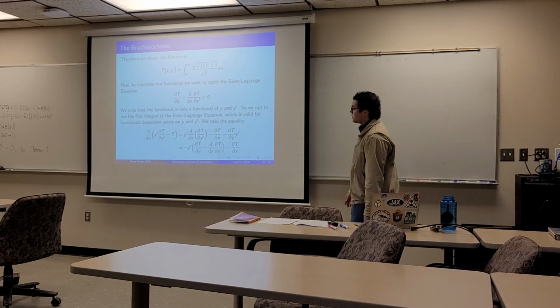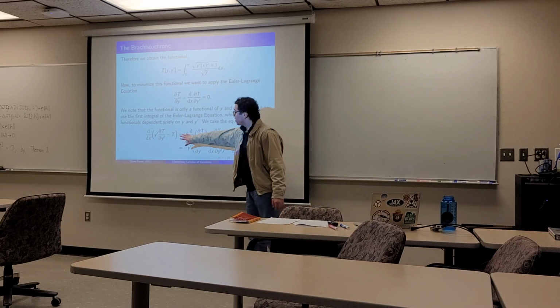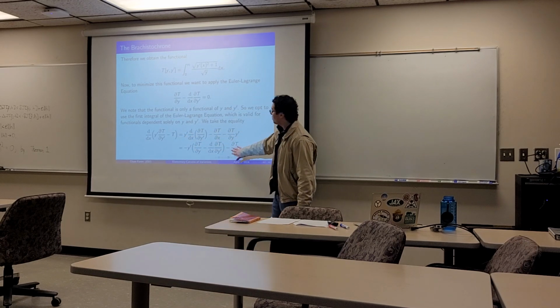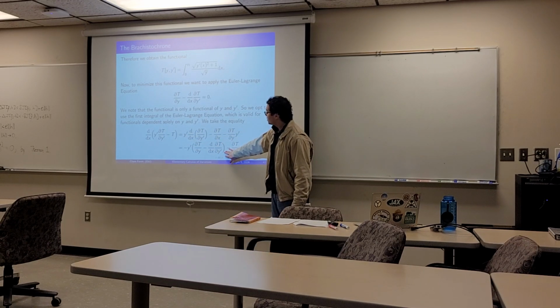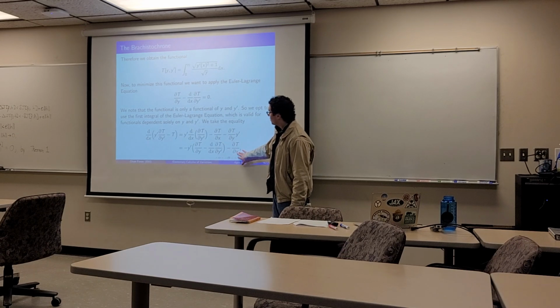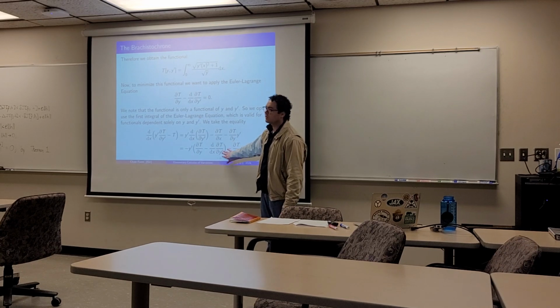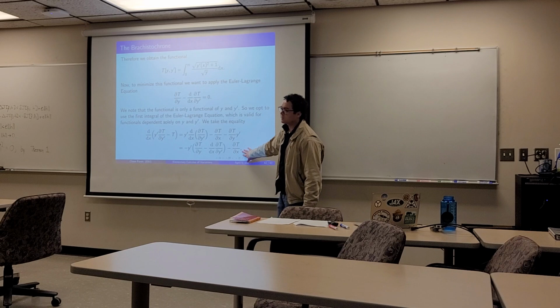So we'll take this equality here, where the total derivative with respect to x of this term is equal to negative y prime times the Euler-Lagrange equation minus the partial with respect to x of our functional. And since we are going to minimize this functional, this must be 0. The functional doesn't depend on x, so this goes to 0.